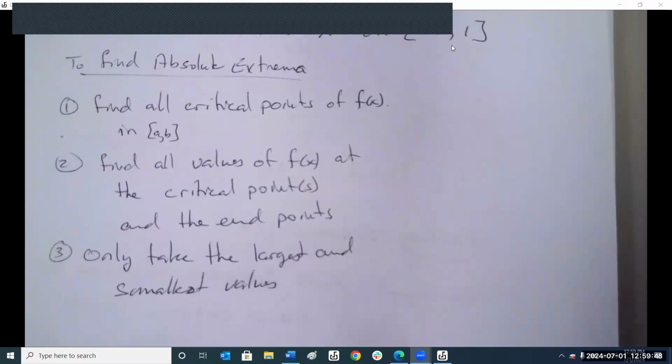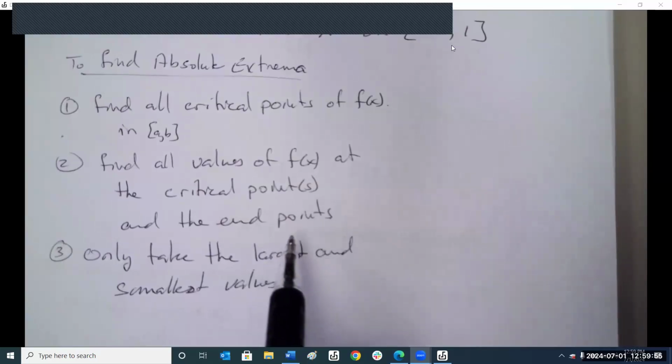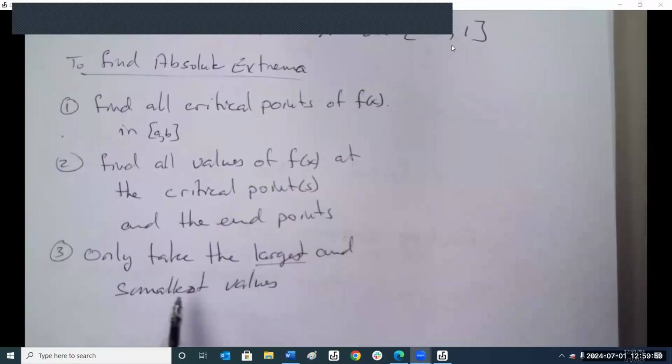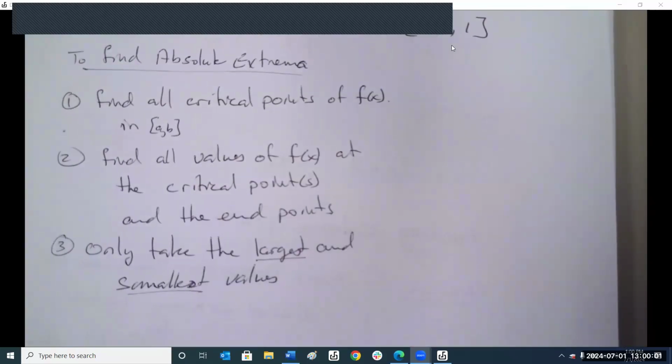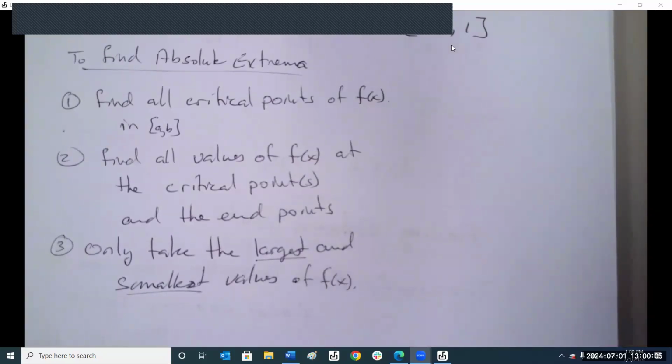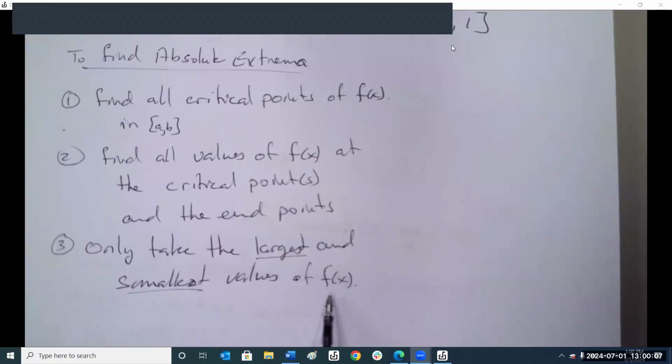Why do we only take the largest and smallest? The largest is going to be your maxima and the smallest your minima values of f of x. Only take the largest and the smallest values of f of x. So here are our steps.